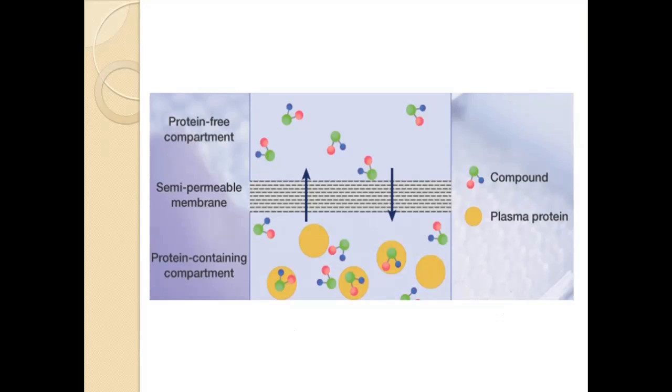Here we see that the drugs or the compounds get attached to the plasma proteins, then only they go through the semi-permeable membrane and get released in the protein-free compartment. So for the easy travel of the drugs through the membranes, we require the plasma protein binding substances.